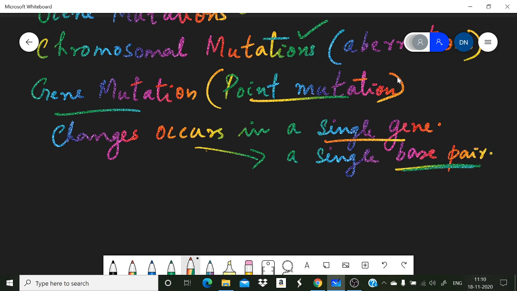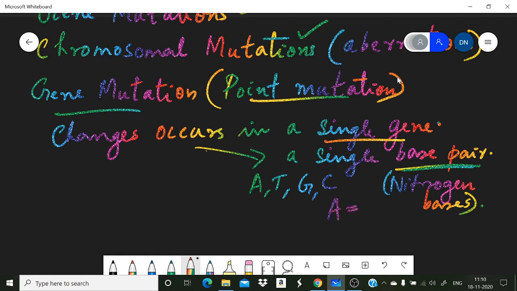You know the structure of DNA that you studied in your plus one in the chapter biomolecules. DNA consists of nitrogen base pairs, no? What are the nitrogen bases present in DNA? Adenine, thymine, guanine and cytosine, and these always occur in pairs.